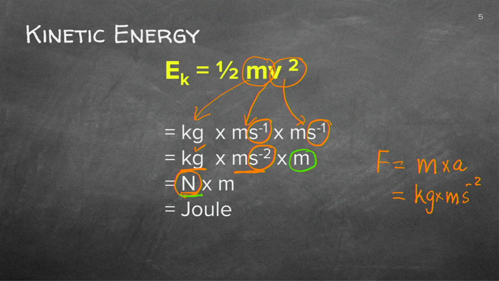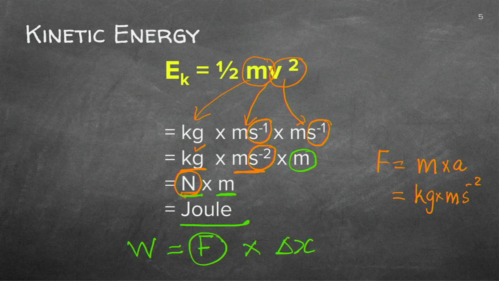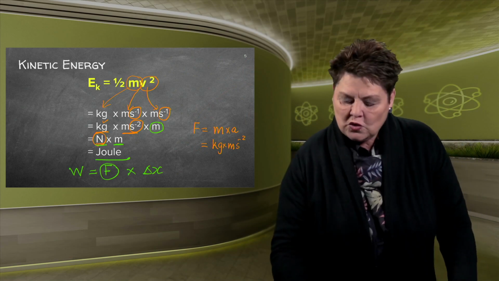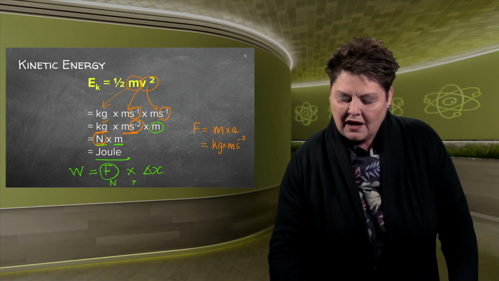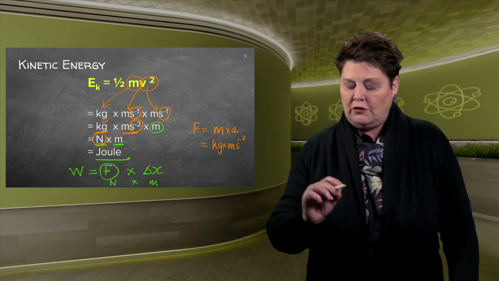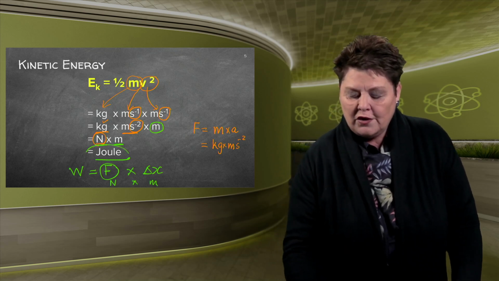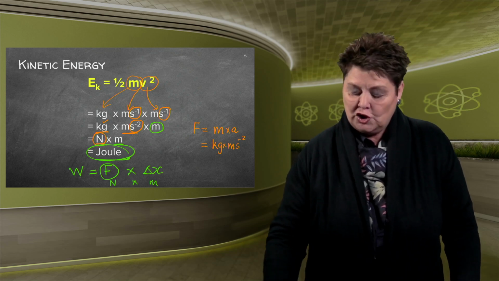Therefore, the Newton times the meter will be joule. And you'll use that when you work out the work as well. You can say it's the force times the change in position, the displacement. So that's also going to be Newton times meter. So make sure that you've got the right units in order for you to get to the unit joule, which we use in energy.